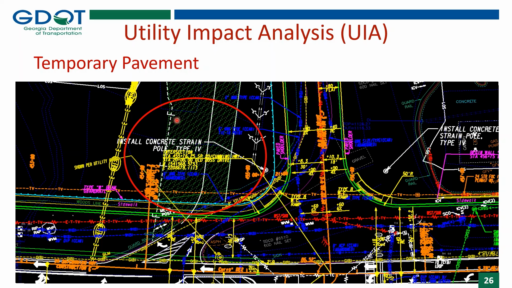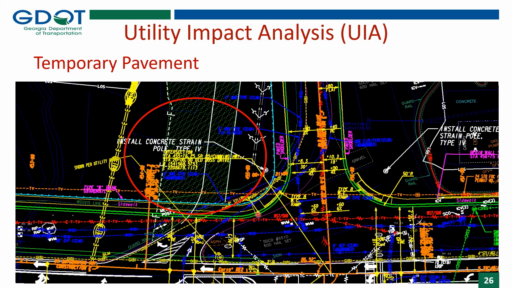As you can see, this is the temporary pavement here, circled in red with the green pattern. As you notice, this here is the existing road that swings around like this with the purple outline.